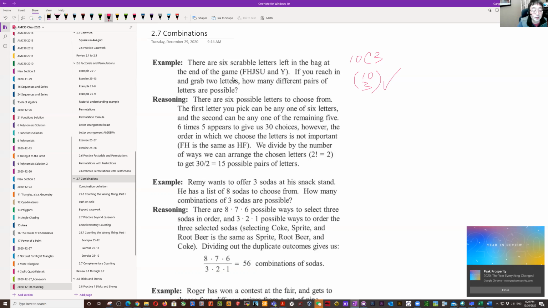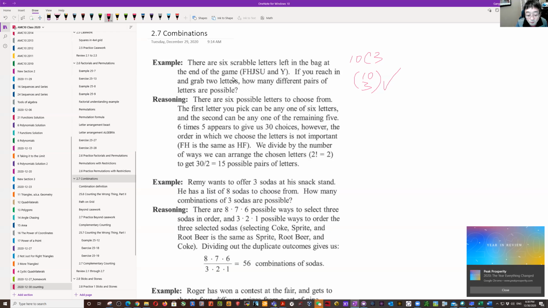Here is an example. There are 6 scrambled letters left in a bag at the end of a game: F, H, I, J, U, N, Y. If you grab 2, how many different pairs of letters are possible?